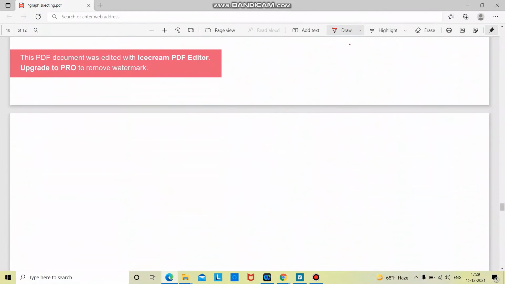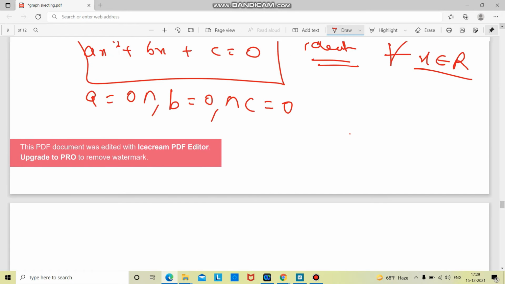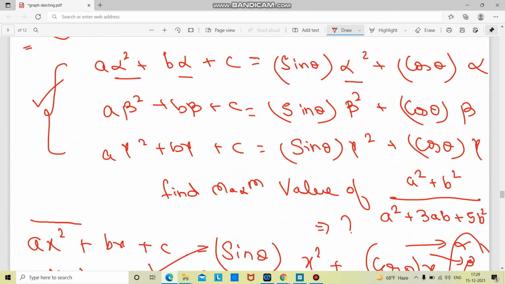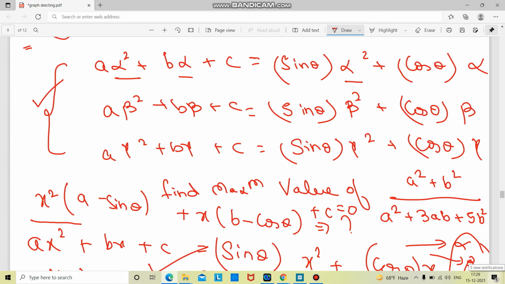We can solve this question by writing the quadratic equation as x square into (a minus sine theta) plus x into (b minus cos theta) plus c equal to 0.